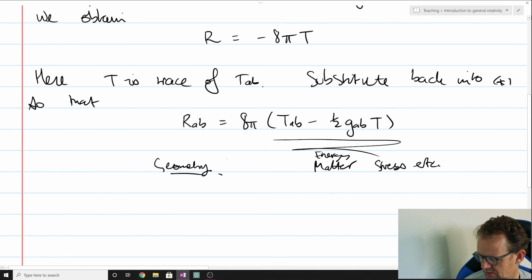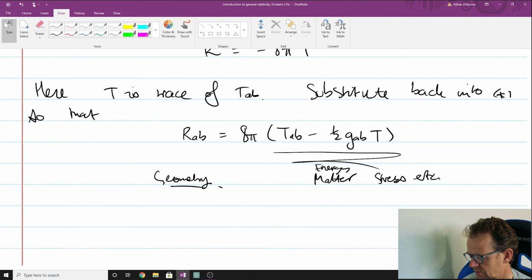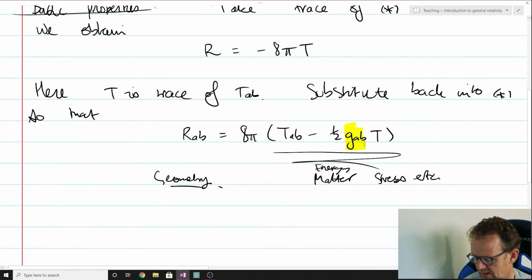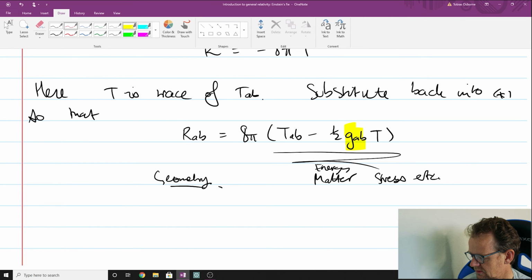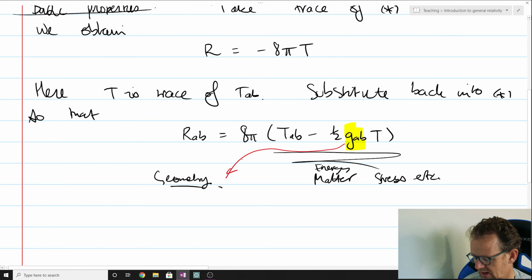The geometry is dictated or governed by R_AB. And on the right hand side, we've just got matter, but we haven't really just got matter on the right hand side. We've also got geometry in the form of the metric, at least explicitly here, and indeed implicitly in the structure of the stress energy tensor.